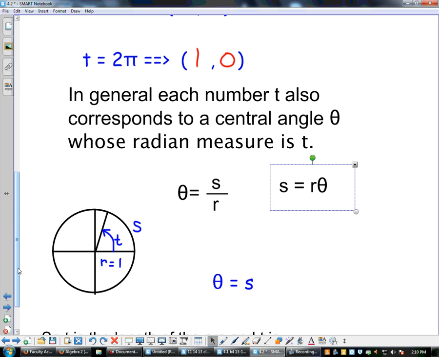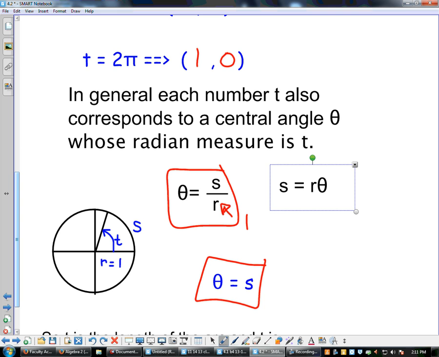And if our radius is equal to 1 here, because it's a unit circle, and this is our arc S, would you agree that theta is just going to be equal to S? If I plug in a radius of 1 for r, don't I just get that the theta angle is equal to S, the arc length? Does that make sense?